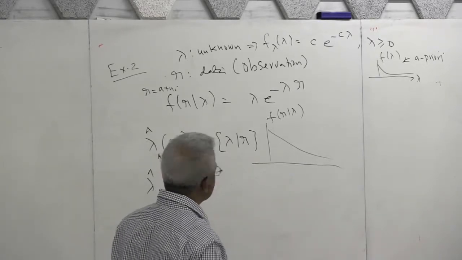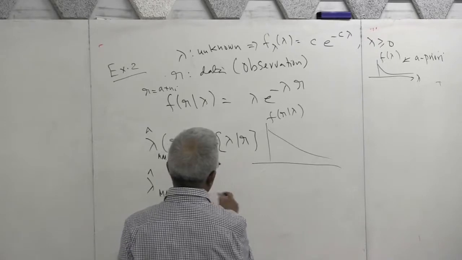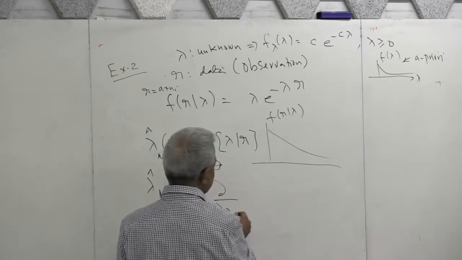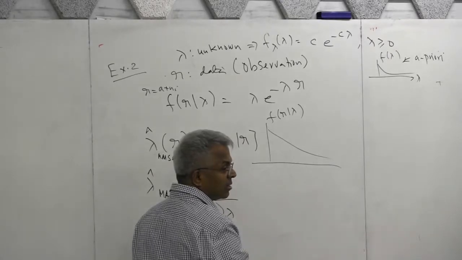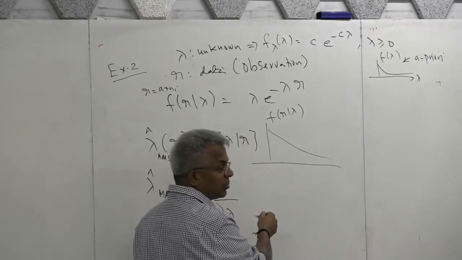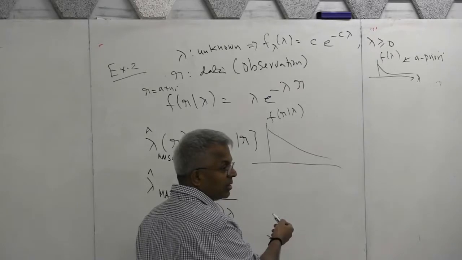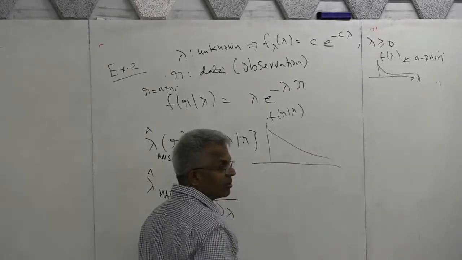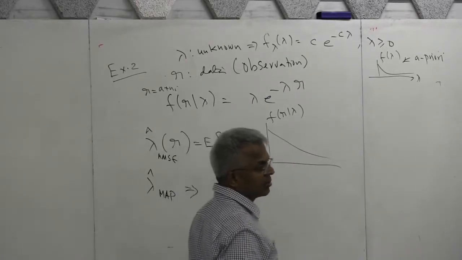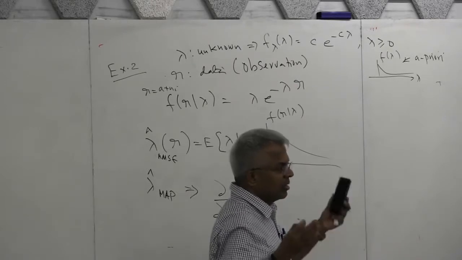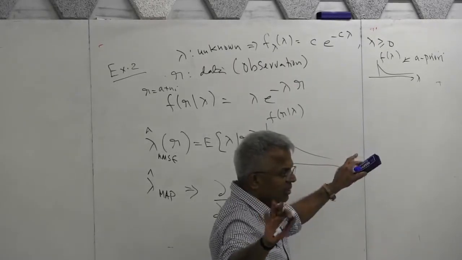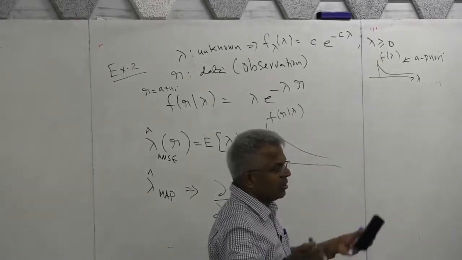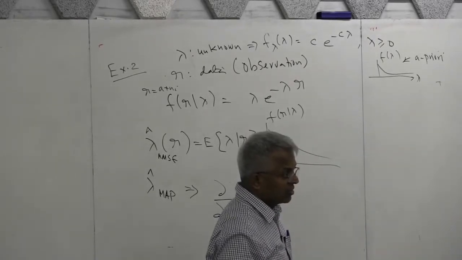Certainly MAP is easy, as I'm going to show you here. So how do you find the MAP estimator? Remember, don't forget, you need to take the derivative with respect to lambda of what? What do we take the derivative of? Anyone? Remember, conceptually you need to have an idea. You have the a priori density function of lambda, the new data comes in, you get the a posteriori density function.